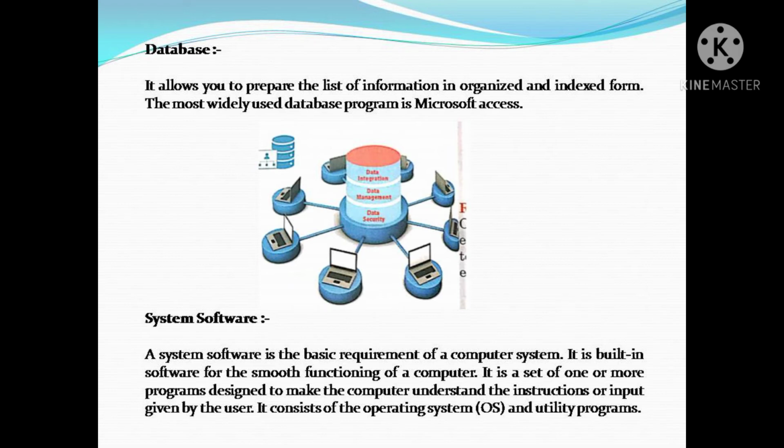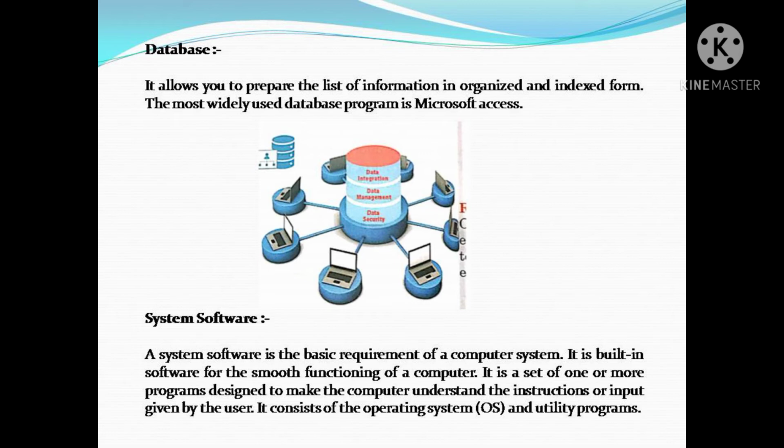A system software is a basic requirement, it is a must requirement of a computer system. It is built-in software for the smooth functioning of a computer. It is a set of one or more programs designed to make the computer understand the instructions or input given by a user.